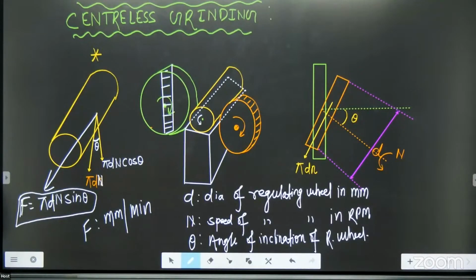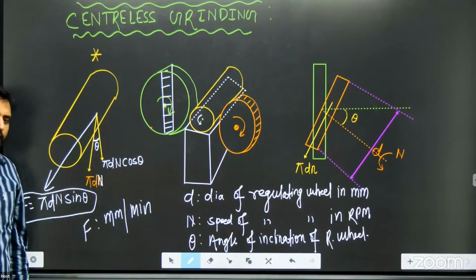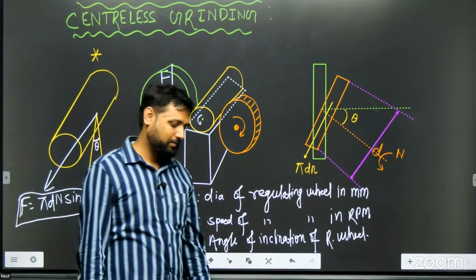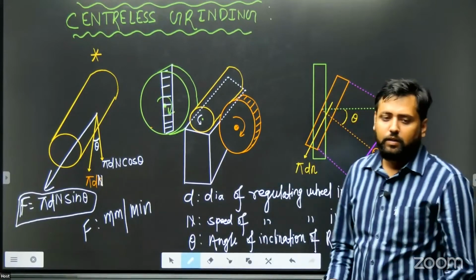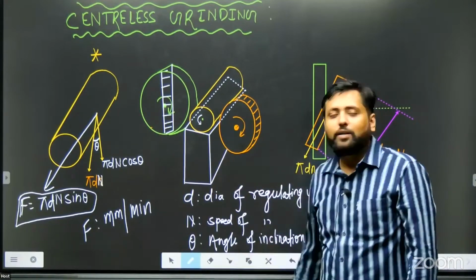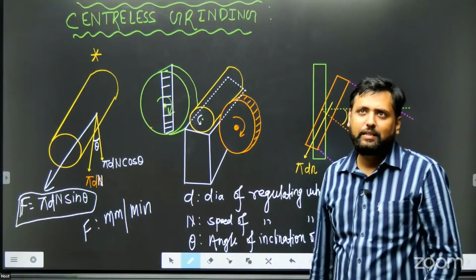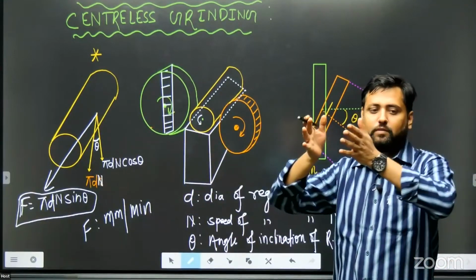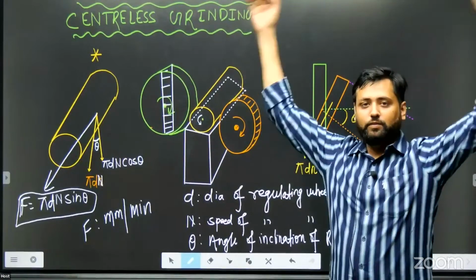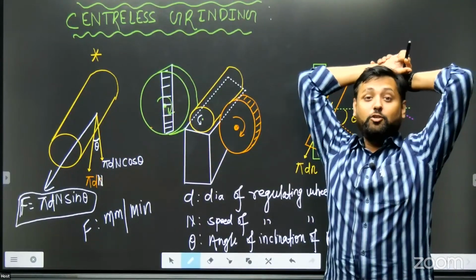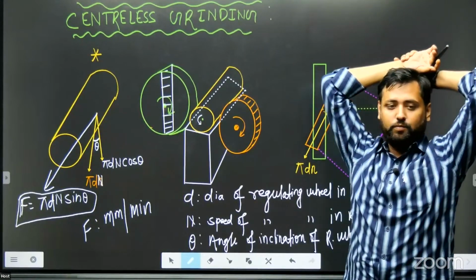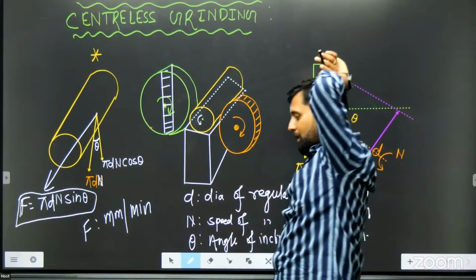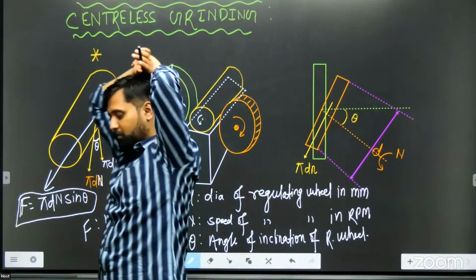Now there is one problem in centerless grinding. What problem is there? If suppose this workpiece is too small, meaning length is very small and diameter is too large, will you be able to grind that workpiece by centerless grinding? No, you cannot. That will become very difficult.